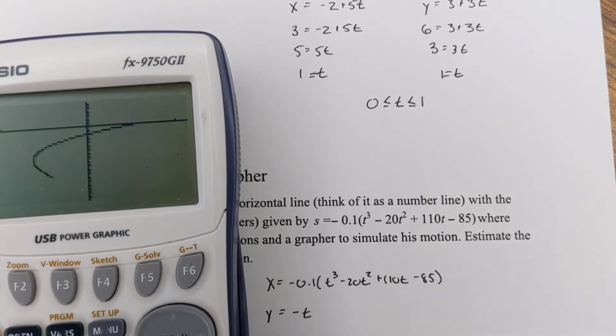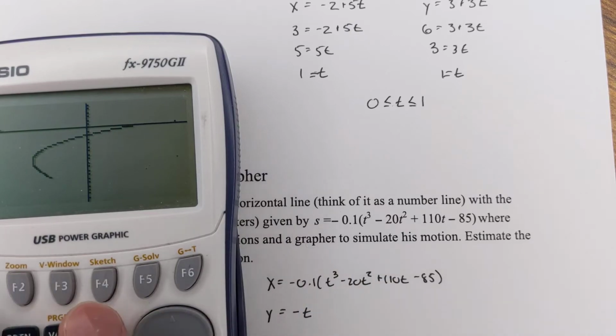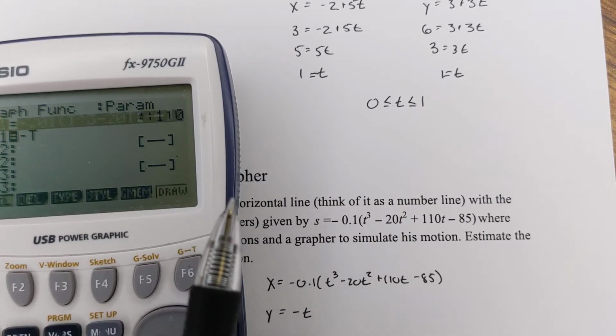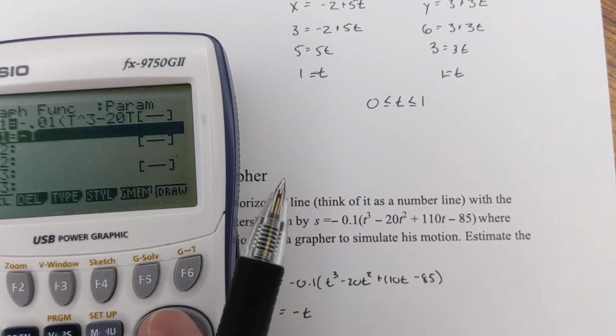So there's his motion. And I can probably set the range somewhere. Let me figure out where that is.